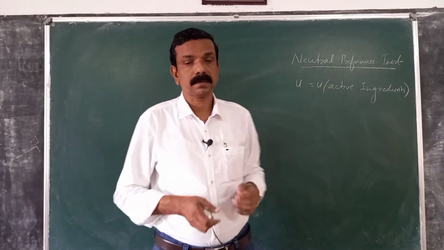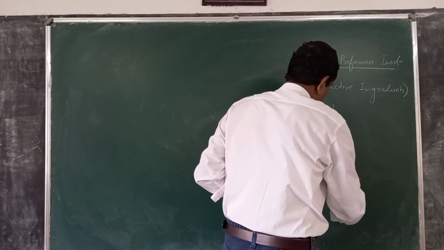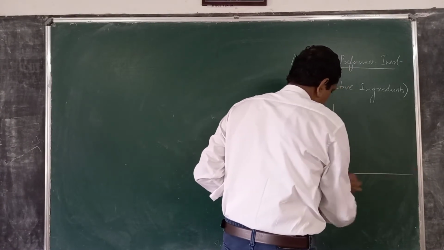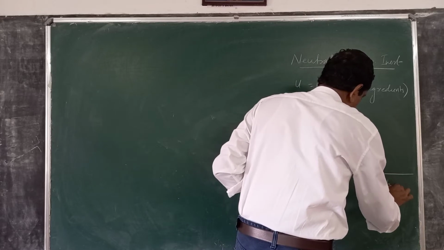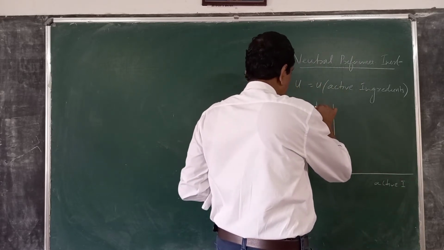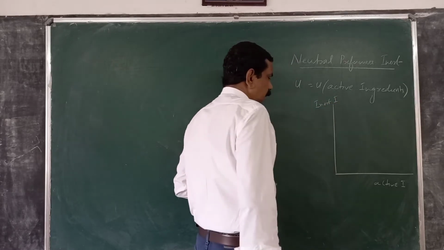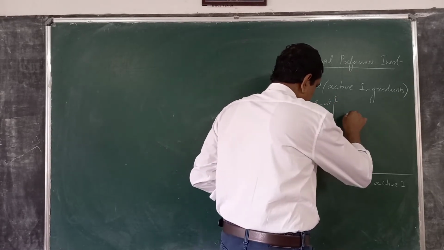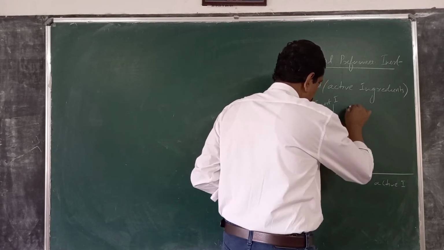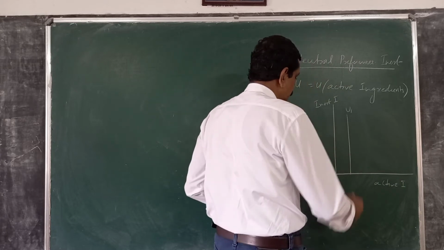Suppose X is an active ingredient and Y is an inert ingredient. Then the level of utility U1 depends on the quantity of active ingredients.